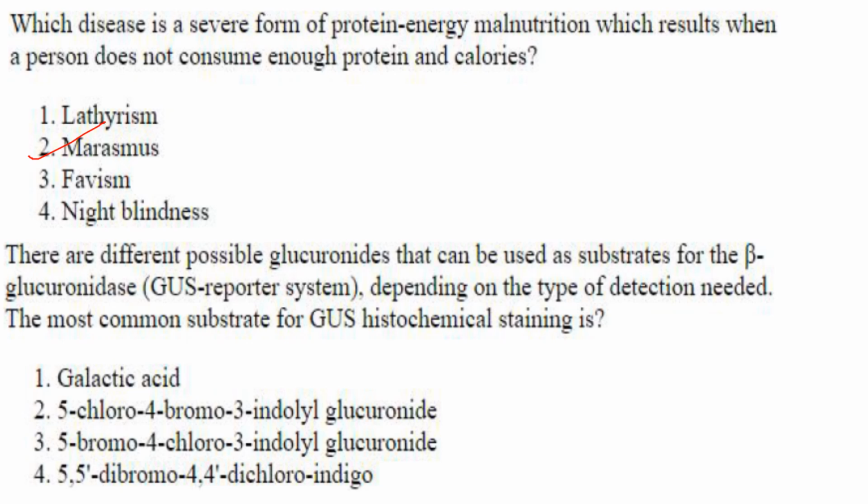Depending on the type of detection needed, the most common substrate for Gus histochemical staining is called X-gluc and the full form is 5-bromo-4-chloro-3-indolyl glucuronide. Answer is option 3. Here they have asked what is the substrate for Gus. That is the question.